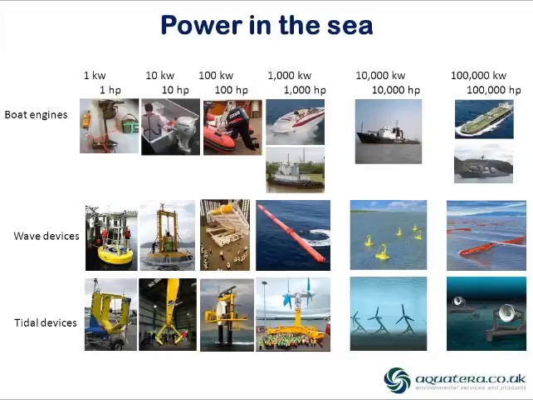The prototype devices that we're looking at deploying really in the next 5 years are probably more equivalent to very small outboards associated with smaller pleasure boats. So I think that comparison of these are activities that are all going on in the sea at the moment, this is what we're proposing, and we're working at this level, which is basically equivalent to these very small engines.